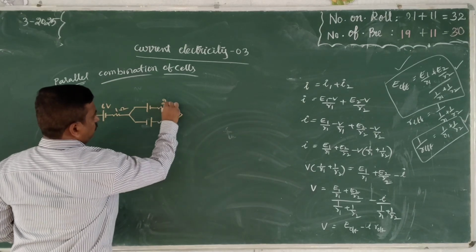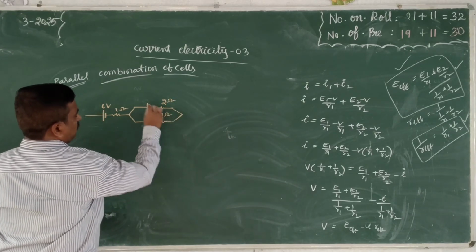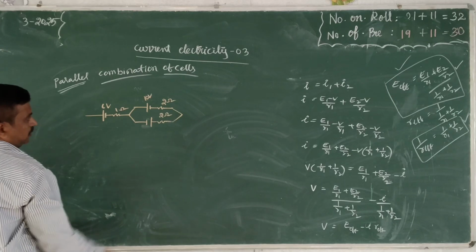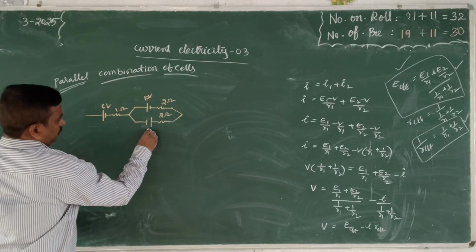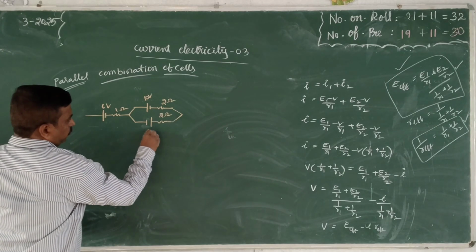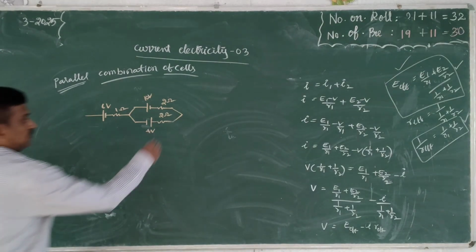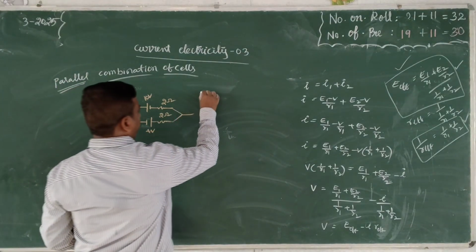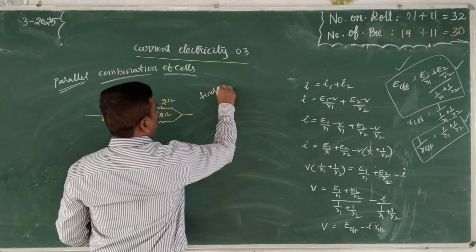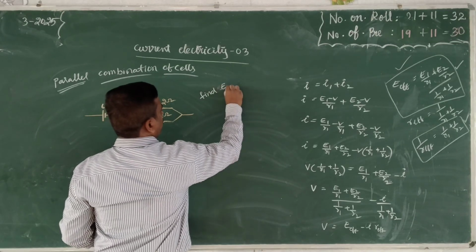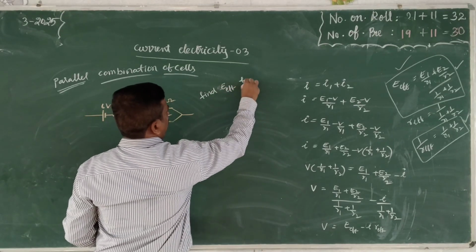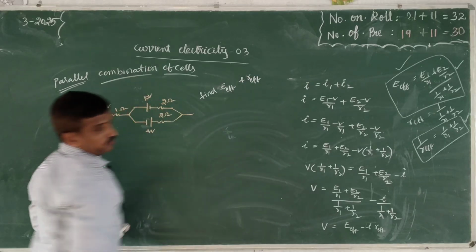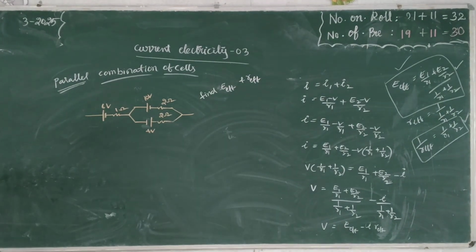It is 2 ohm, it is 2 ohm, it is 10 volt, it is 4 volt, 4 volt. This is the combination. Now what do we find out? Find the effective EMF, E effective, and R effective.